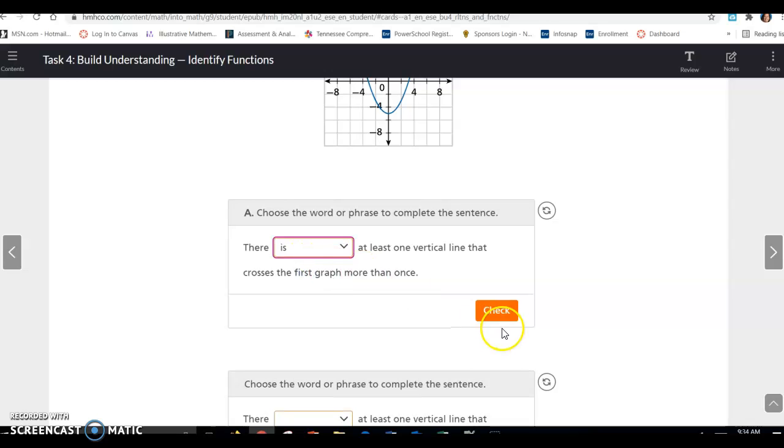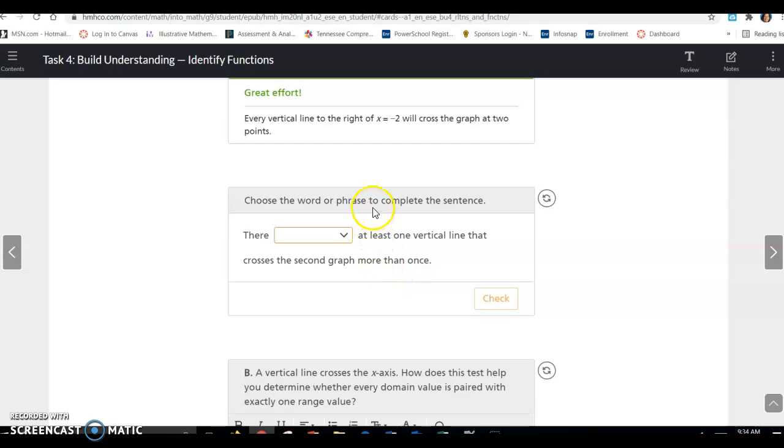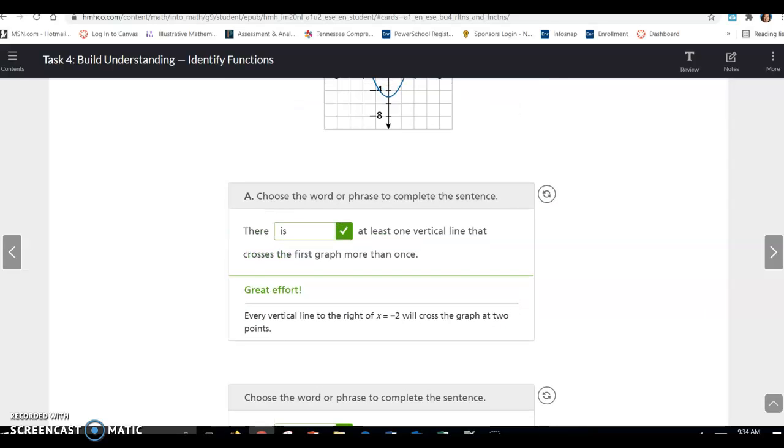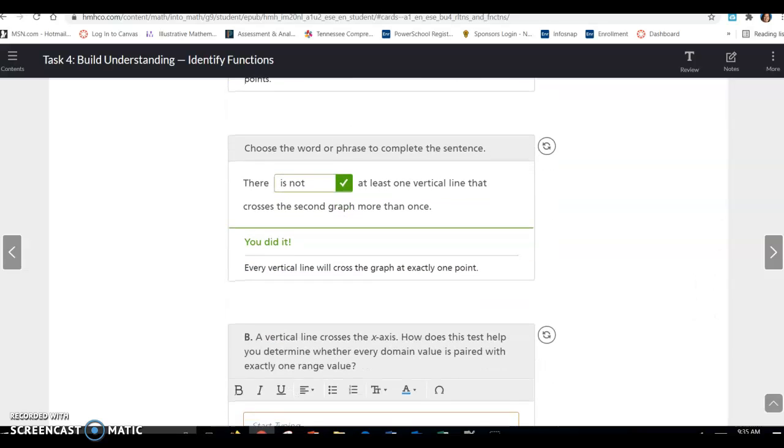Yes, it does cross more than once. All right, choose the word or phrase to complete the sentence. The blank, at least one vertical line that crosses the second graph in more than one place. There is not one that crosses it because it is a function. So again, you can see this one is a function. So the vertical line does not cross in more than one place.